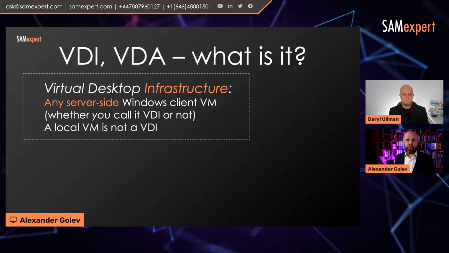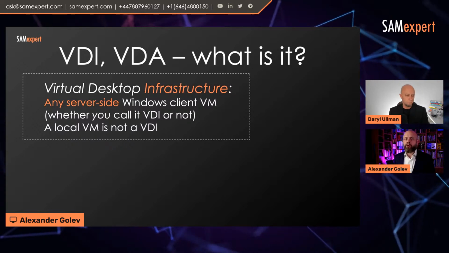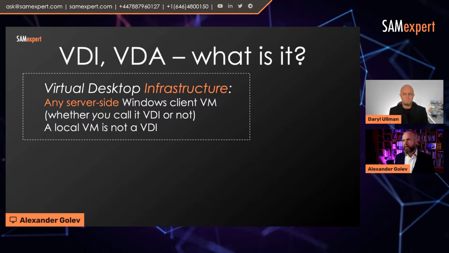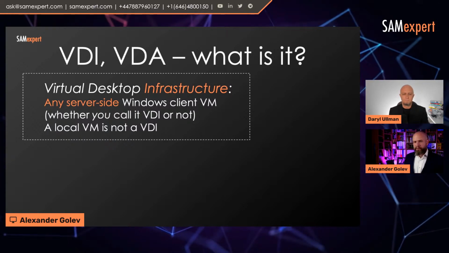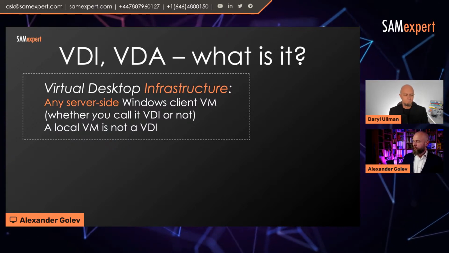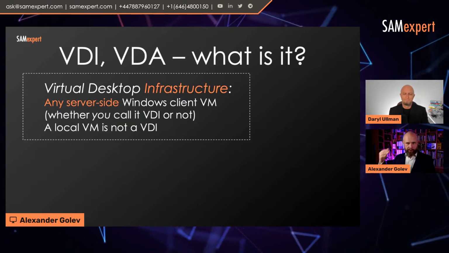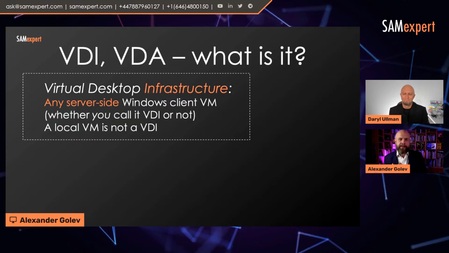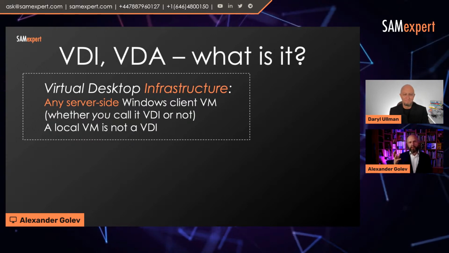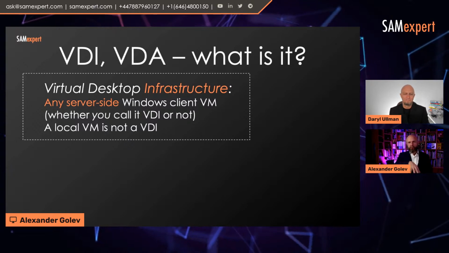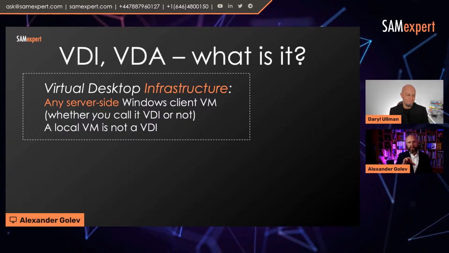From the licensing point of view, whether you call it a VDI or not, you're almost like that monk who said during Lent, I call this chicken a fish, so he can eat it. Whether he did it or not, it was still a chicken. So if it's a Windows client virtual machine which is not run locally on a laptop, then it's a VDI for licensing purposes.